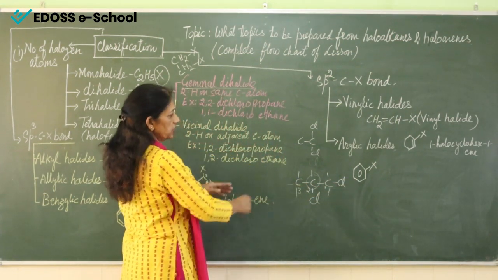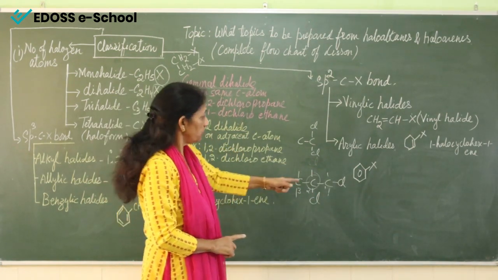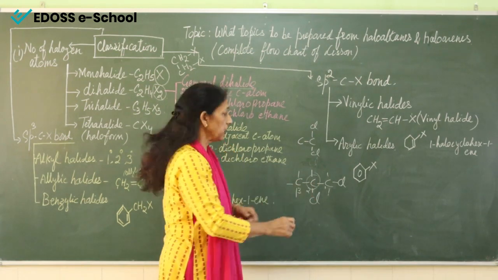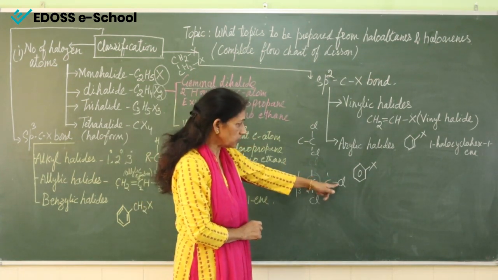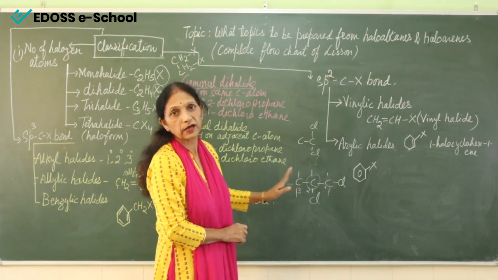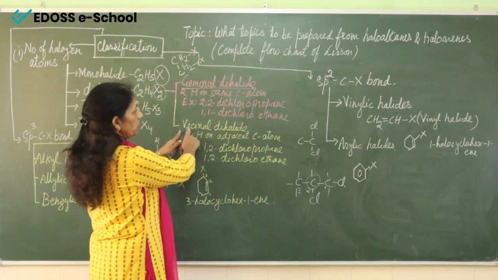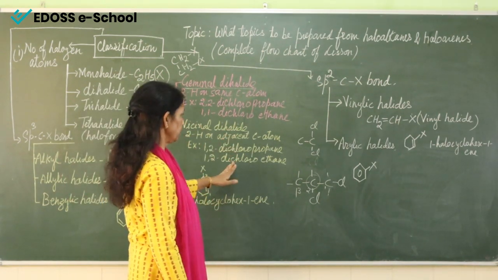So here we can see both the halogen atoms are not present on the same carbon atom, but they are present on adjacent carbons. If the first Cl is present on the first carbon, then the second is present on the second carbon atom. Such types of halides are known as vicinal dihalides.